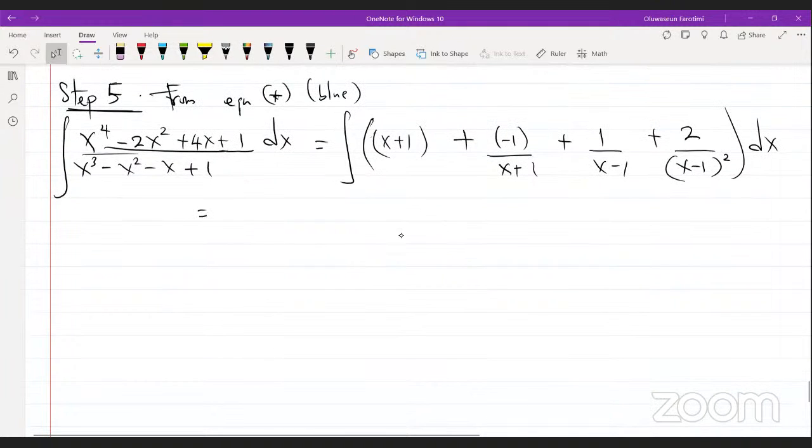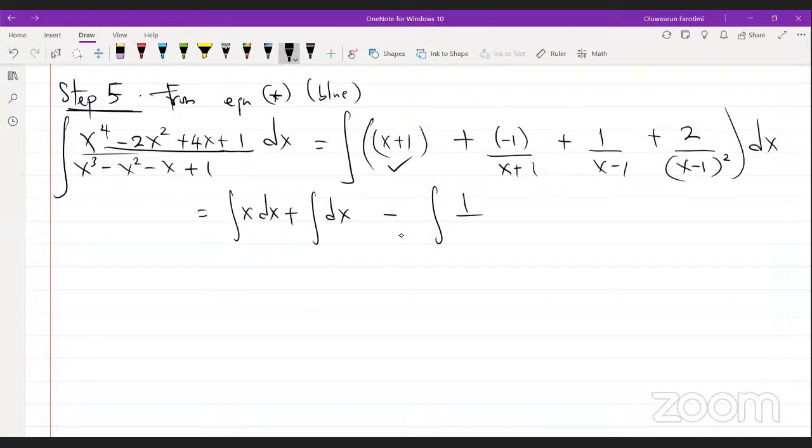So this is going to be the integral of x dx plus the integral of dx, that's this guy, minus the integral of 1 over x plus 1, that's this guy, plus the integral of 1 over x minus 1 dx, that's this guy, plus 2 times the integral of 1 over (x - 1) squared dx.